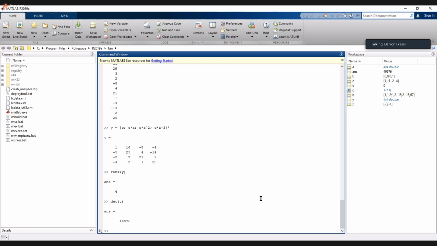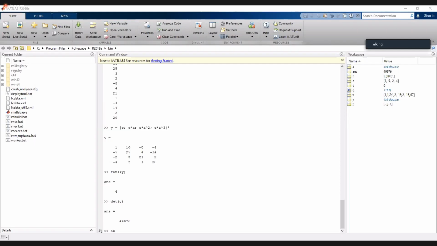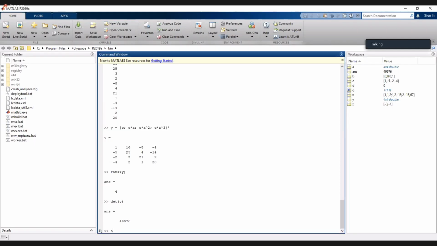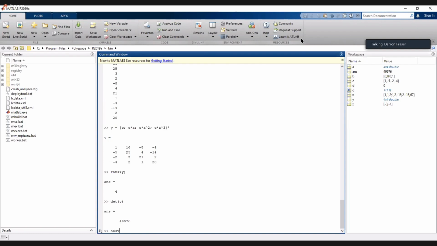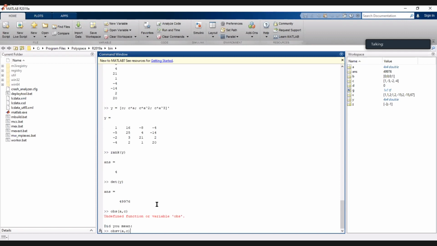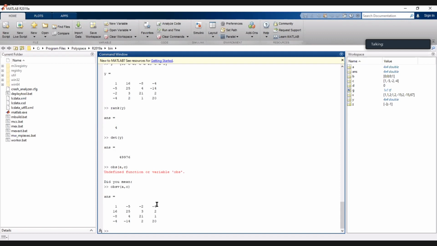Observable: type in OBSV. Just type in OBS, and then type in A in brackets, A and C. Okay, so it asks me, is that the same matrix?